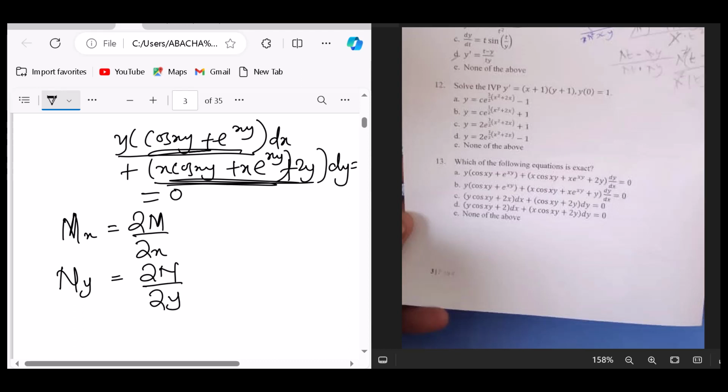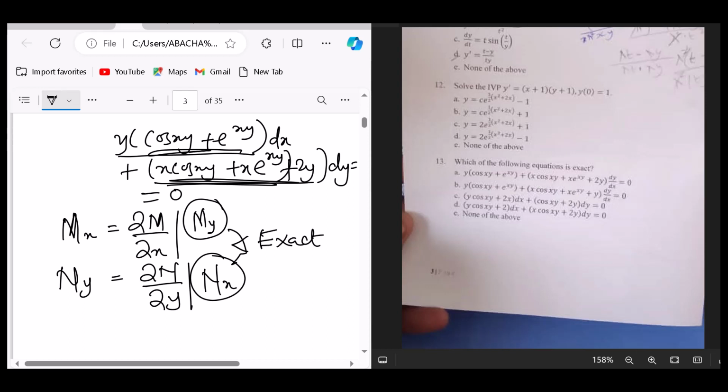Okay, so you check whether M of y and N of x are equal. If this is equal to this, then we say that it is exact.